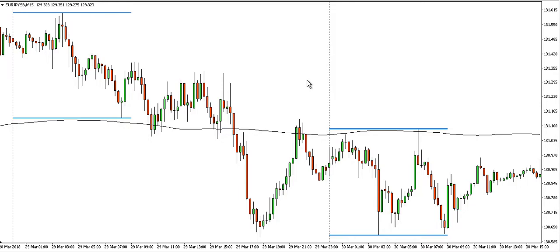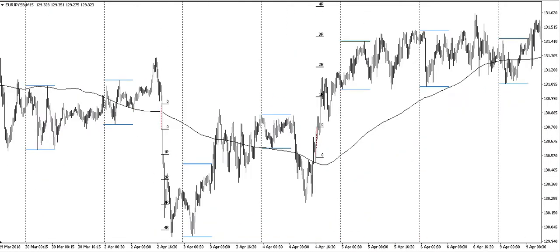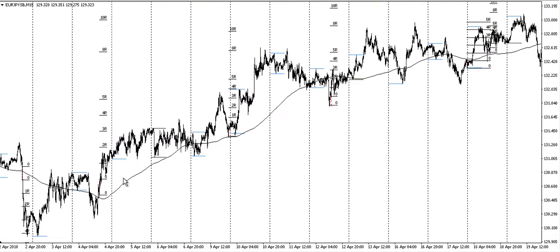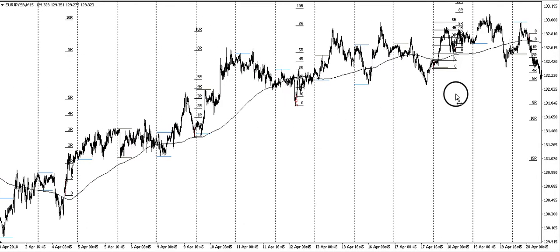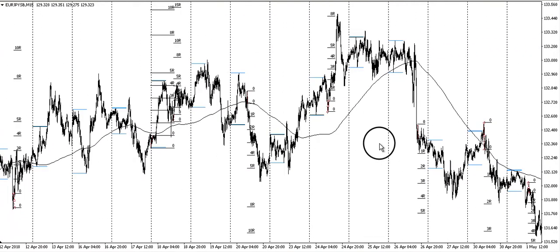Not every year, because some years you just don't get enough of those trends. But the sort of trends I'm looking for, if I zoom right out on the euro yen, are periods like this, where it's not really a strong trend, but there's going to be 2 or 3 trades in there.